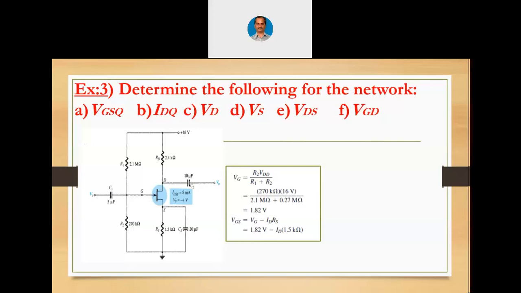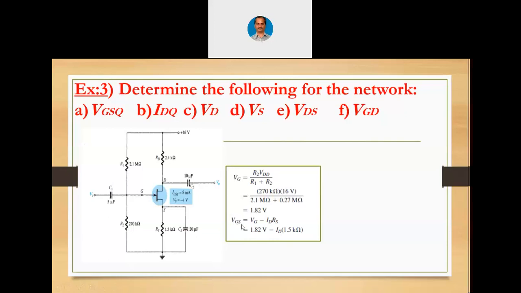We will have to plot that line which is crossing the transfer curve. For that, we can substitute ID equals 0, and next we can substitute VGS equals 0. Once we substitute ID equals 0, VGS will be 1.82. So we have a point: 1.82 in the x-axis and 0 ID in the y-axis.